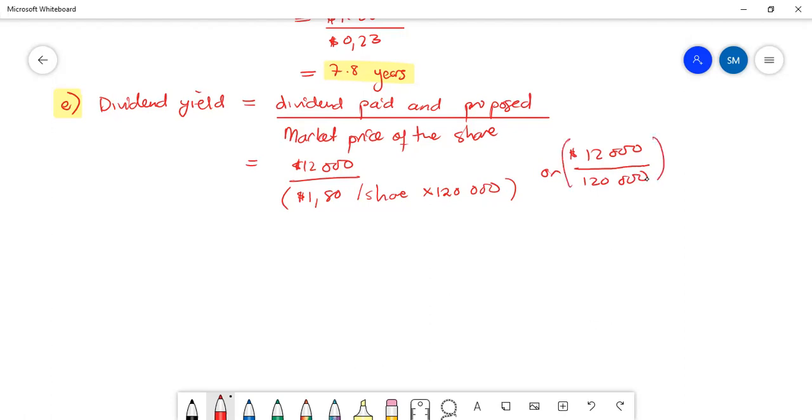And that is what you then divide by the market price per share of $1.80. And you multiply by 100%, because you want it as a percentage. Is it making sense?